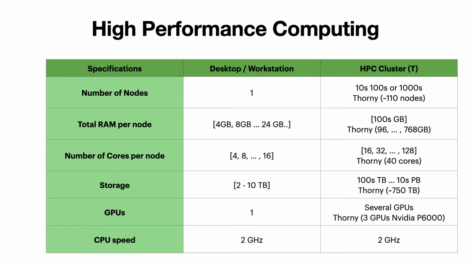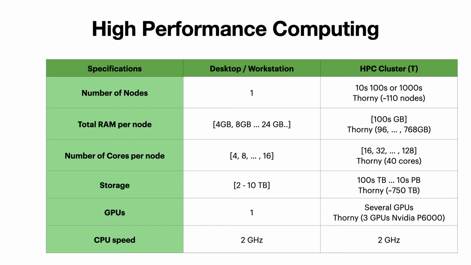So you will get all those numbers in perspective. On your computer, you just have one node. It's your computer, a laptop or a desktop machine or a workstation. You have one machine.